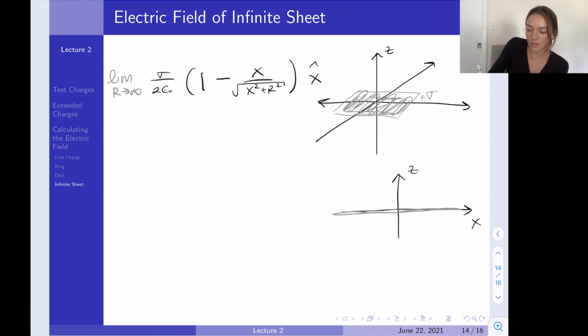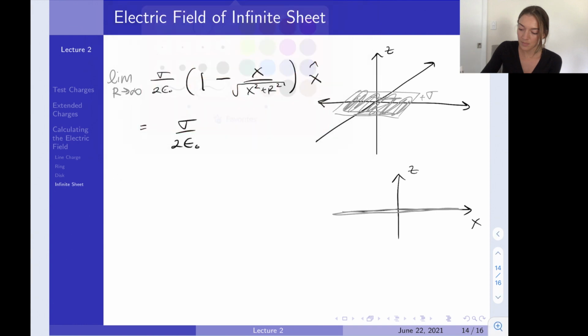And this actually comes out to sigma over 2 epsilon naught. And that's because when you take r to infinity, this term just goes to 0. And so you're just left with this first term here. So you just get sigma over 2 epsilon naught times 1, and then this is just 0. And this is in the x hat direction.